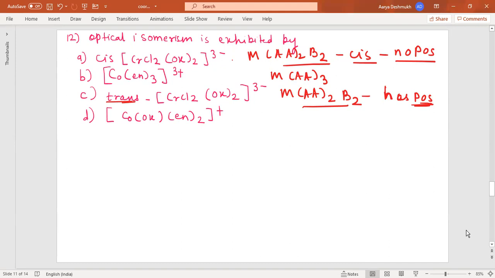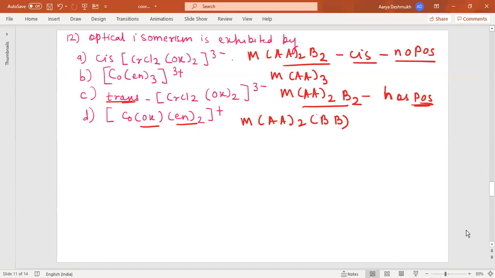Now here the type of complex is MAA2 and BB. Both are bidentate. Now the answer for this is... here you can see is MA2B2 cis. It has got no plane of symmetry. It will show optical isomerism.